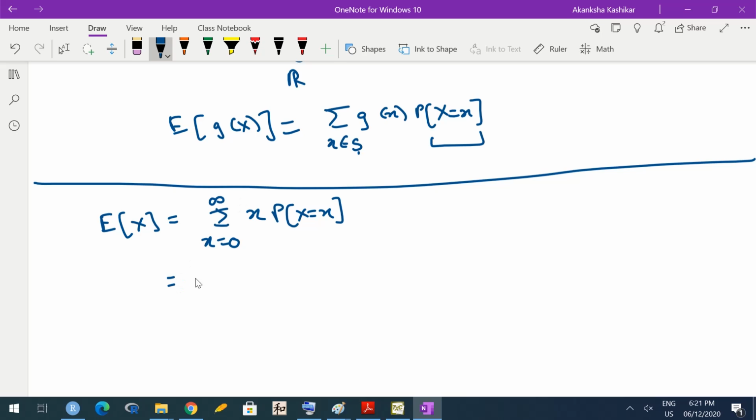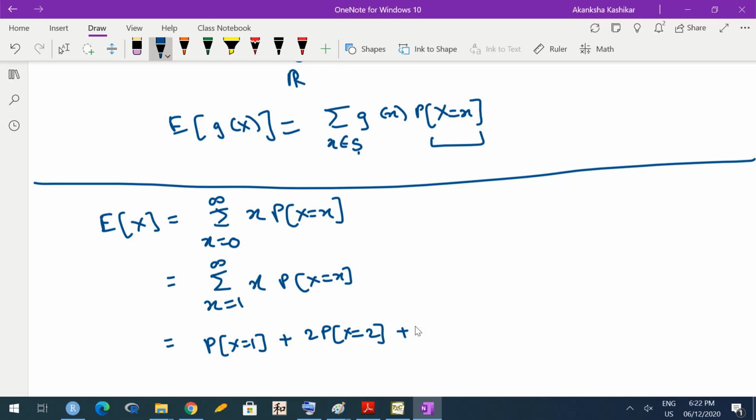When x is equal to 0 this term is 0, so I can write this as the sum from x equal to 1 to infinity. Now let me write this in expanded form. This becomes probability of X equal to 1, plus 2 times probability that X is equal to 2, plus 3 times probability that X is equal to 3, and so on.